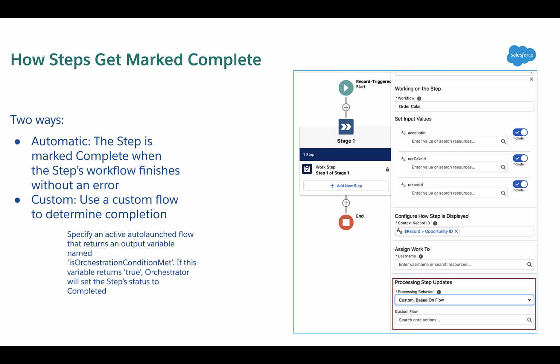If you need something more rigorous or sophisticated, then you have a similar opportunity here to provide your own override flow to determine whether the step should be marked as complete. In some ways, we originally called these exit flows or exit determination flows, but one of the things we've realized is that this flow, because it executes every time the orchestrator wakes up for every in-process step, has a lot of power.